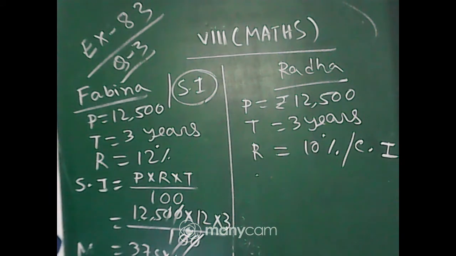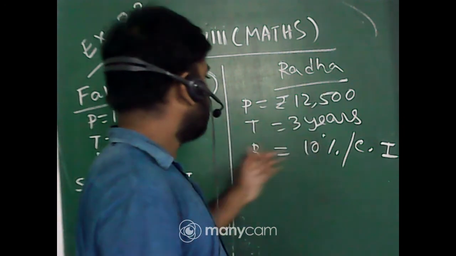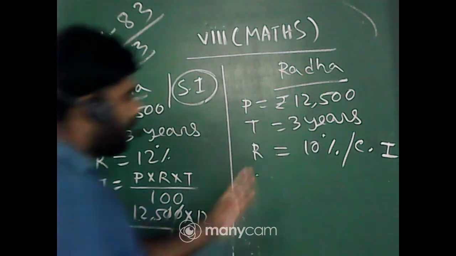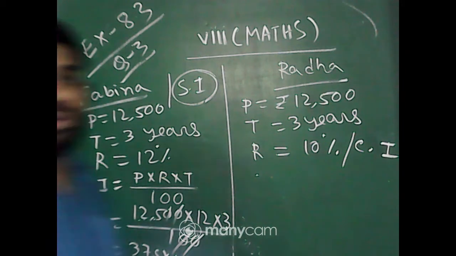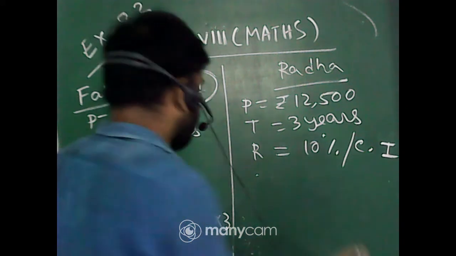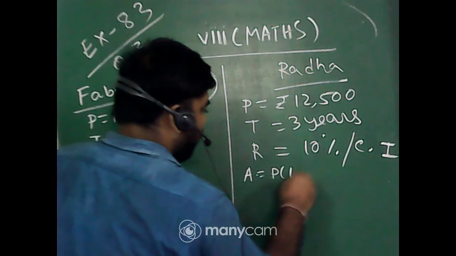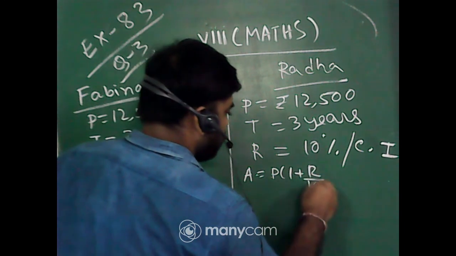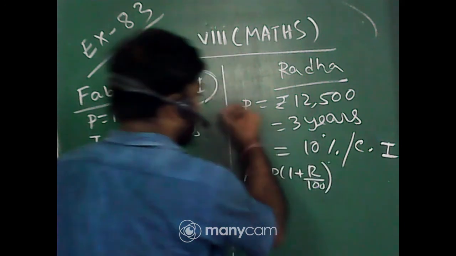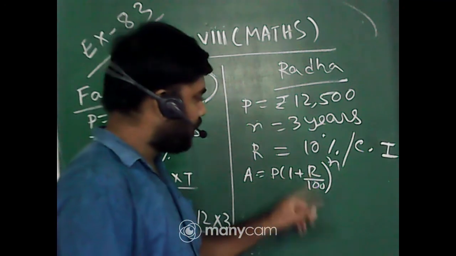In Radha's case, the principal is 12,500, time is 3 years, and rate is 10%, and the interest will be calculated as compound interest. The formula is A equal to P into 1 plus R by 100 whole to the power n, where P is the principal, R is the rate of interest, and A is the amount.